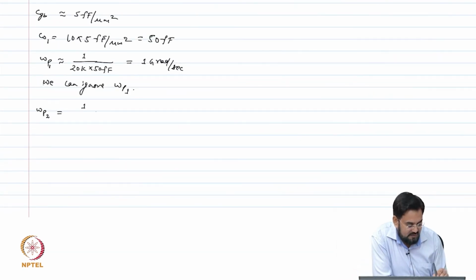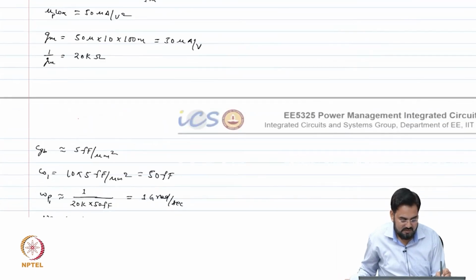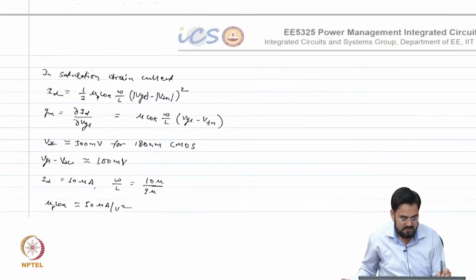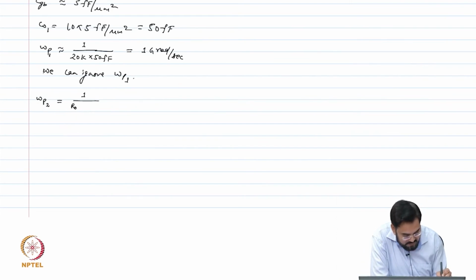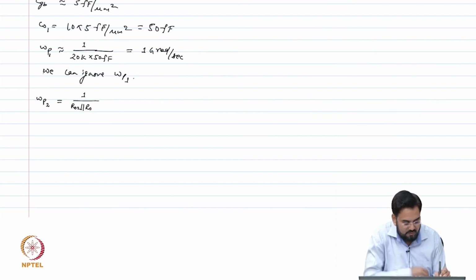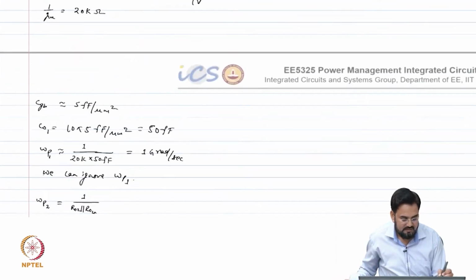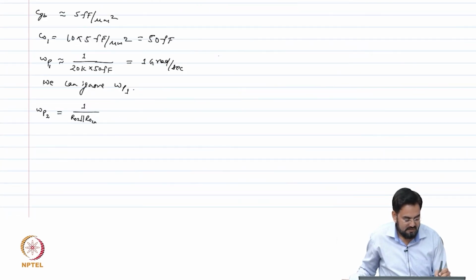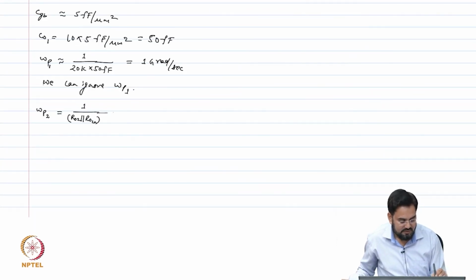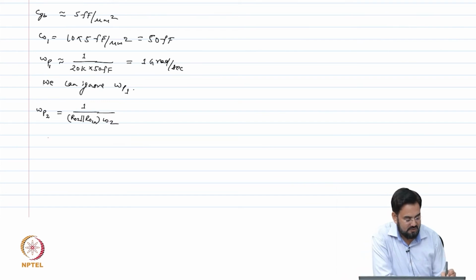So, 1 over RO2P in parallel with RO2N, okay, P and N, then CO2. So, what is CO2?